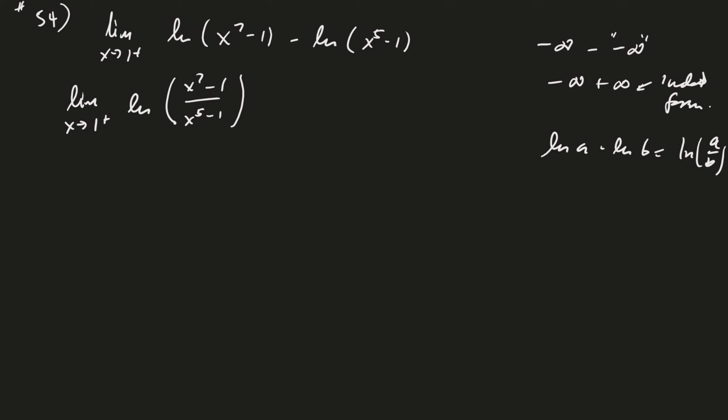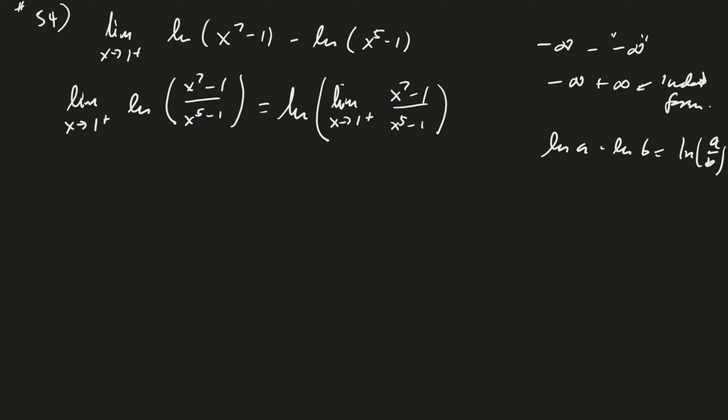Well, remember that if your function is continuous, then you can bring the limit into the expression, and so this becomes the log of the limit as x approaches 1 from the right of x to the 7th minus 1 over x to the 5th minus 1.